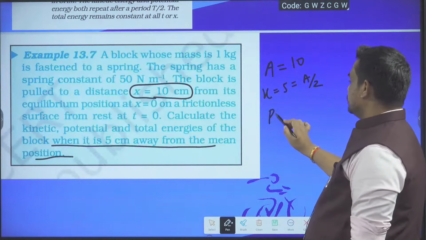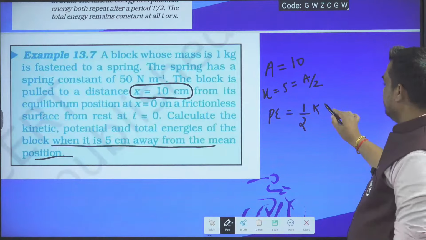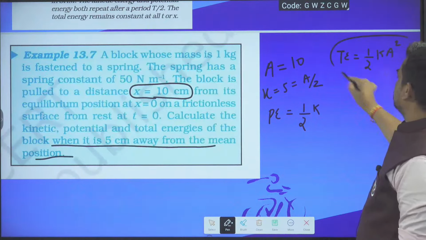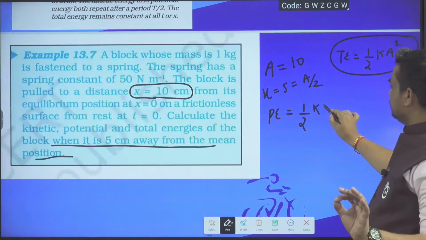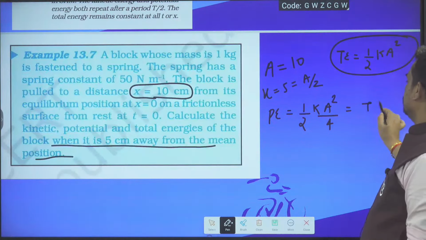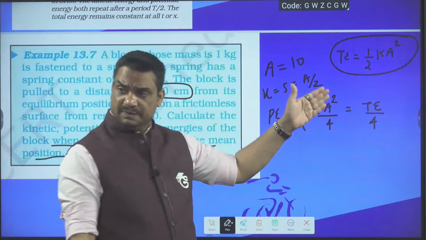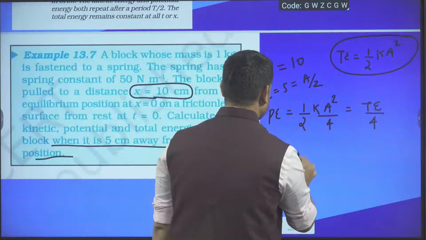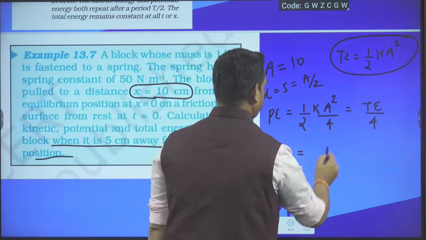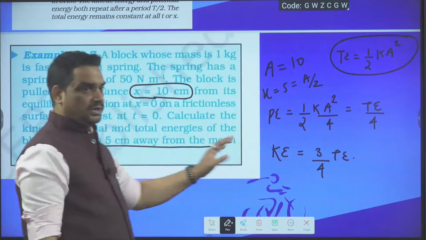So potential energy will be half k x square, and total energy will be half k A square. Potential becomes half k x square, which will be A square by 4, so this will be the total energy by 4. So if you calculate the total energy, then potential will be 1 by 4th. And kinetic, if potential is total by 4, will be 3 by 4th of total. No need of formula.